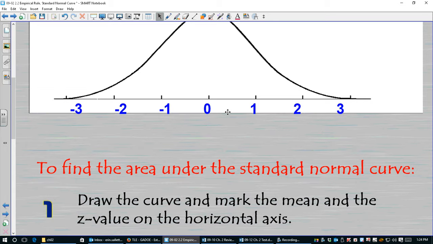So if I had a 0.5 z-score here, and I wanted to know the probability that something is less than that point, or the area percentage that is less than that point, then I would shade to the left because this is the area that would be less than that point.